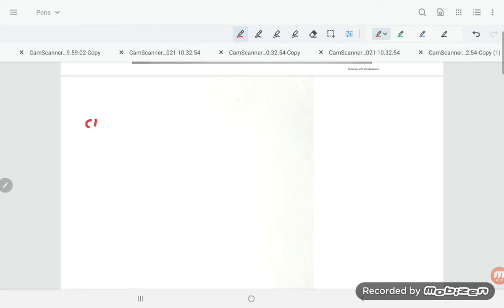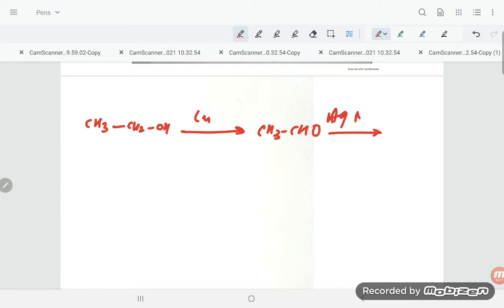Suppose it is having CH3CH2OH and you are passing it over copper; it will give CH3CHO. And if you are treating with freshly prepared silver nitrate, AgNO3, this will give the silver mirror.